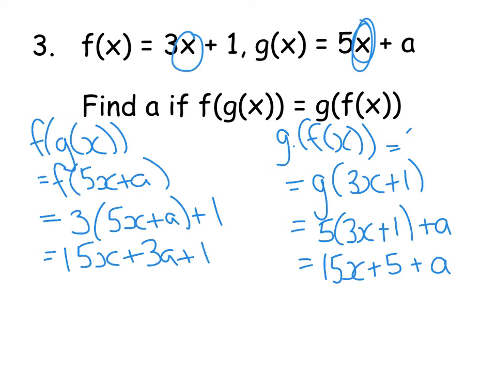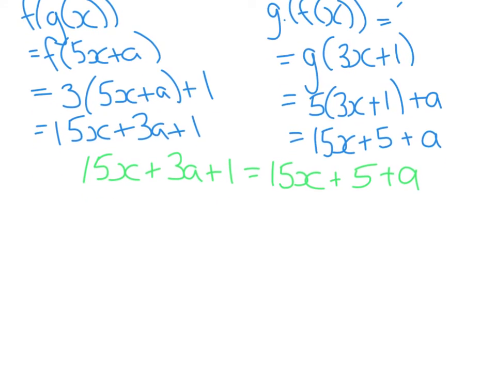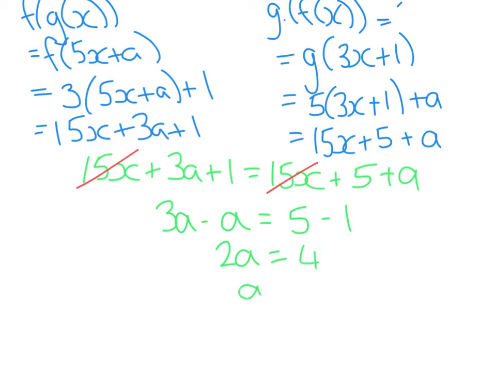So what I can do now is put them equal to each other. So I'm making a new equation. I've got this equals this. From there the x's will cancel out, so they disappear. If I bring my a's over to the left hand side, I've got 3a take away a, and then I've got a 5 take away 1. So I've got 2a equals 4, so a equals 2 for your final answer.